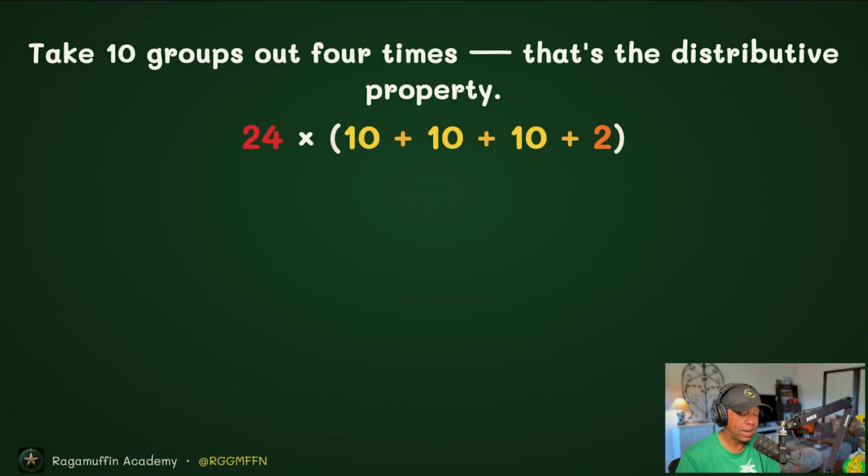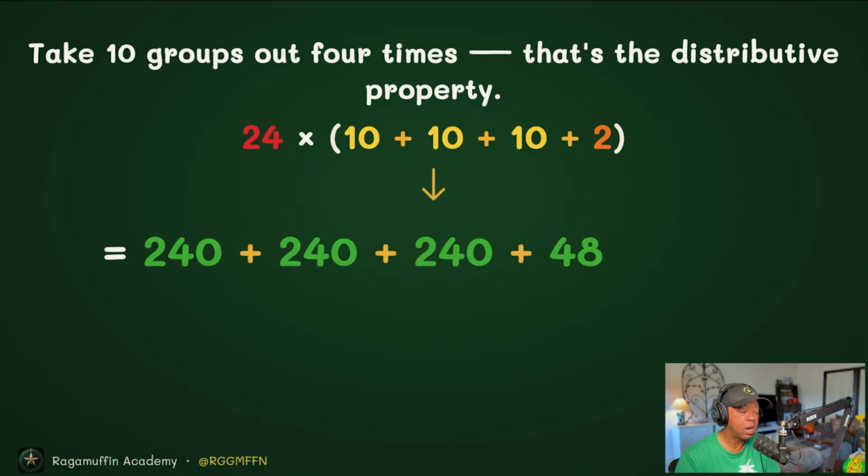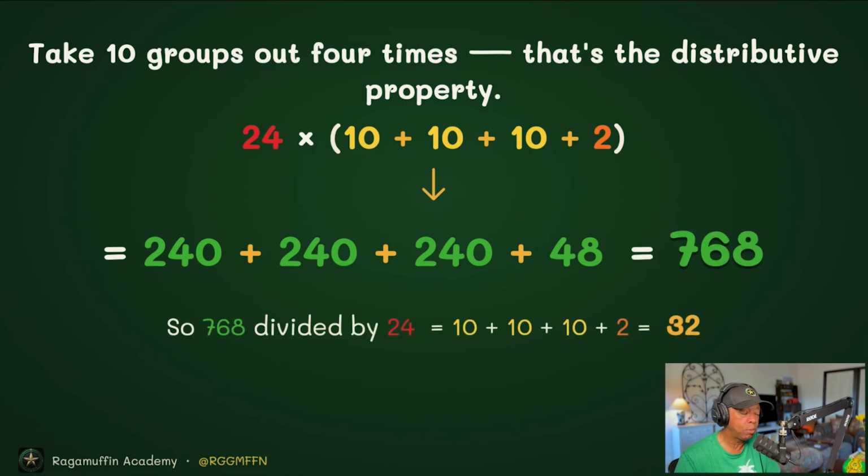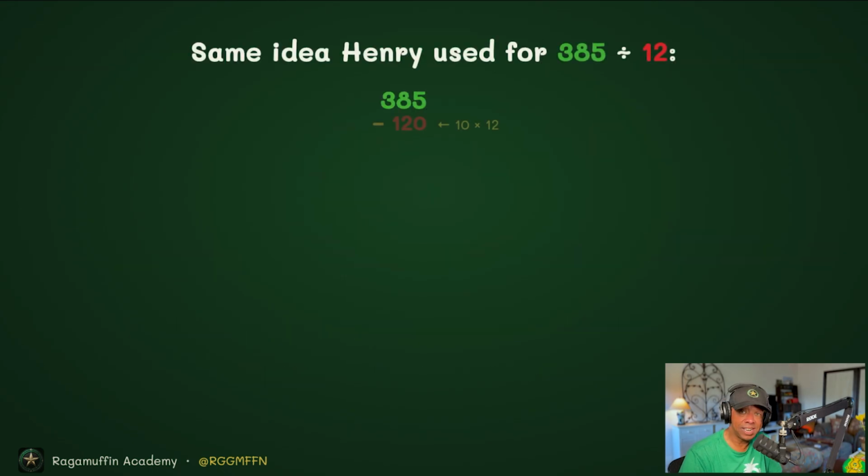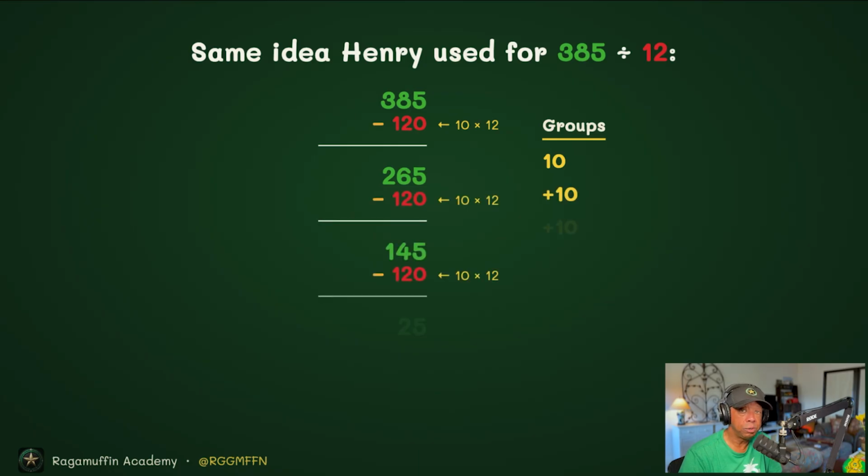We did 24 times 10 in our heads, but we did it because we understood that taking 10 groups at a time was the same as multiplying 24 by 10 and subtracting. This is the same idea that Henry used when he divided 385 by 12. He took out 10 dozens at a time, then 10 more, then 10 more, then 2, because those were the chunks that he could see.